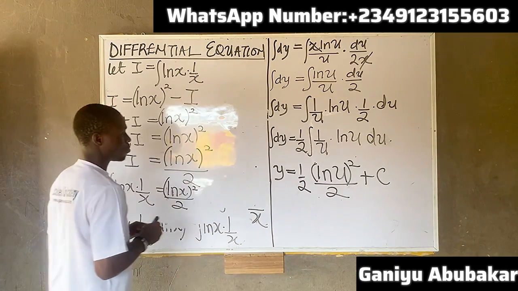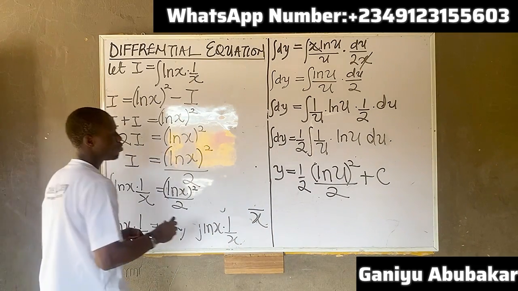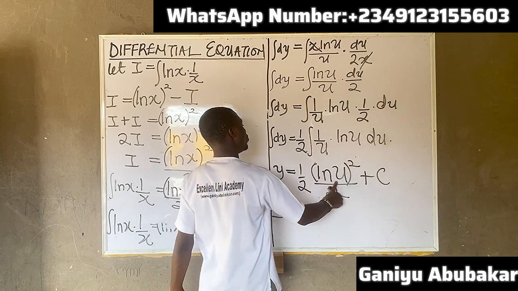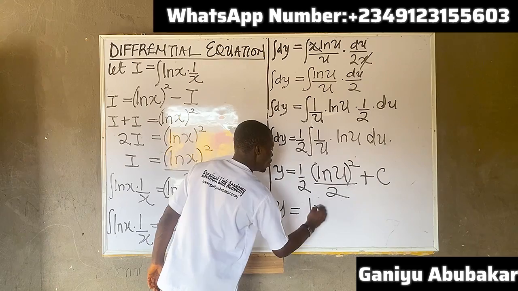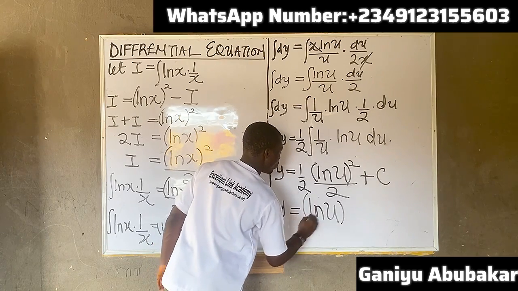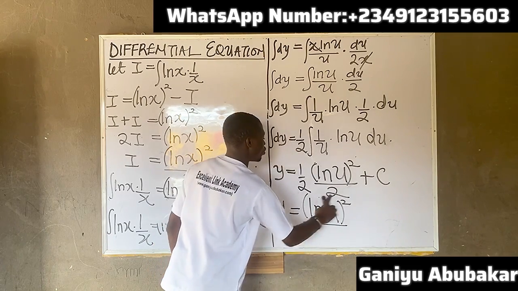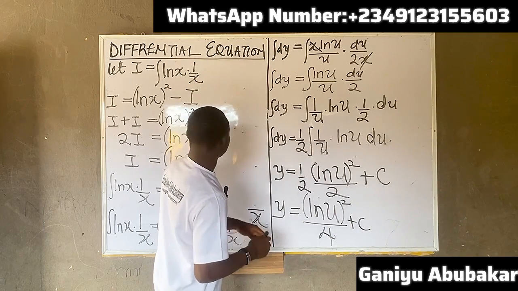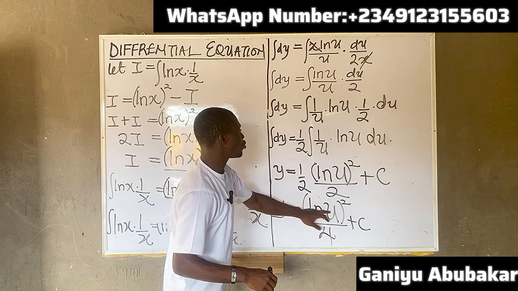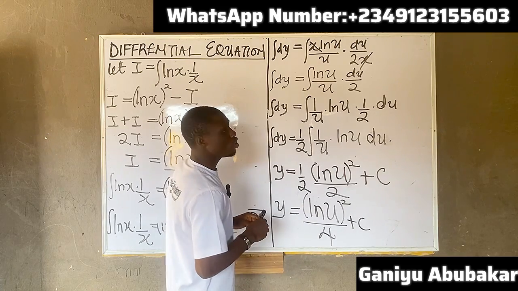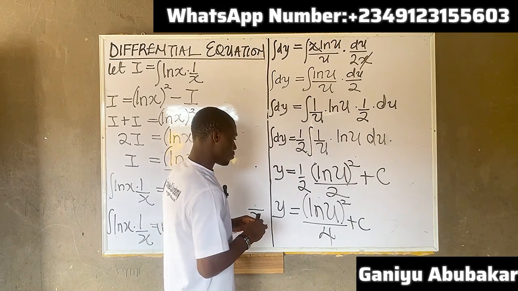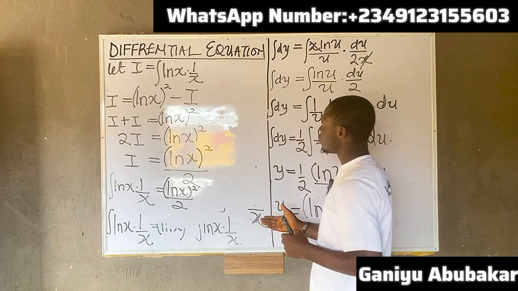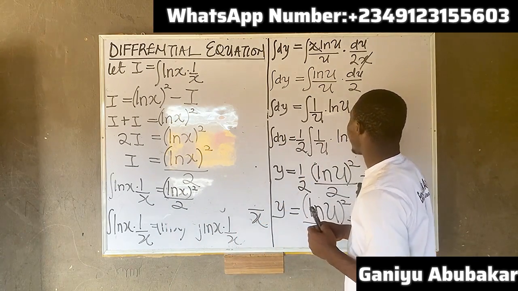From the concept of integration, this gives you y is equal to 1 times ln u all squared, that gives you ln u all squared all over 2 times 2, which gives you 4, plus c. But what's u? I think u is x squared plus 1. Oh, I've erased it. u was x squared plus 1.